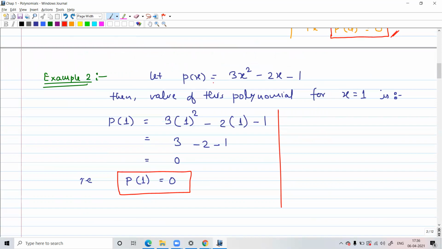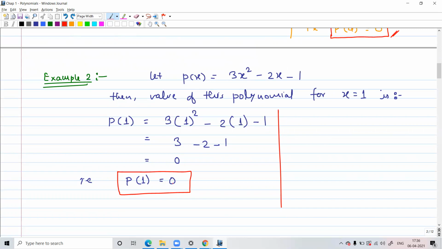So I took another example. It's a quadratic polynomial. Again, I found p of 1. This turns out to be 0. So for this polynomial also, 1 is the 0 of this polynomial. But we can find the value of this polynomial for any other value of x also. There it will not be 0. It will be something else. So those are not special numbers. 1 is a very special number.